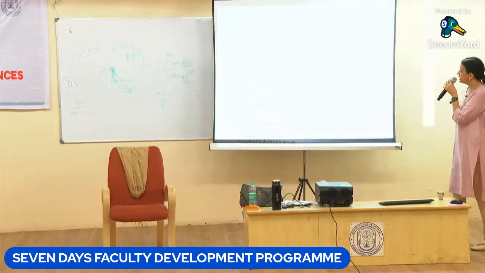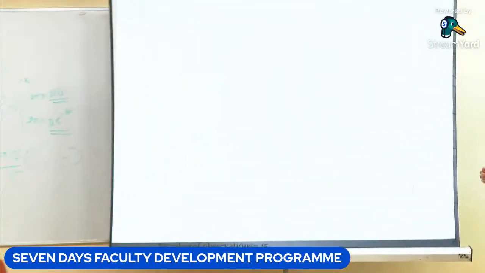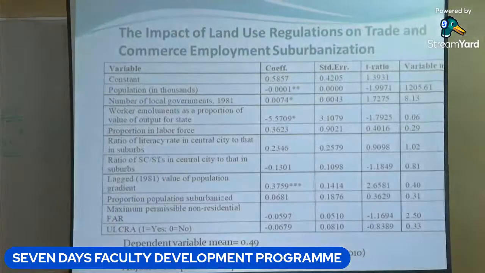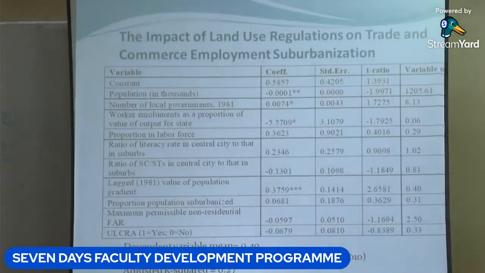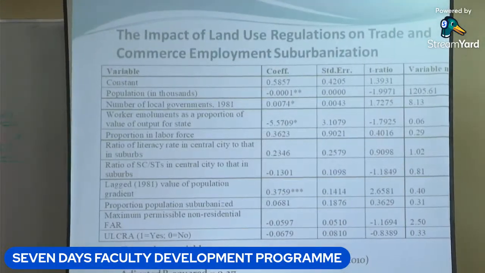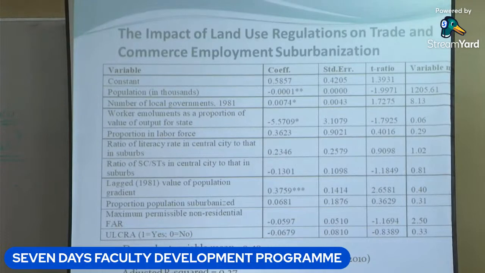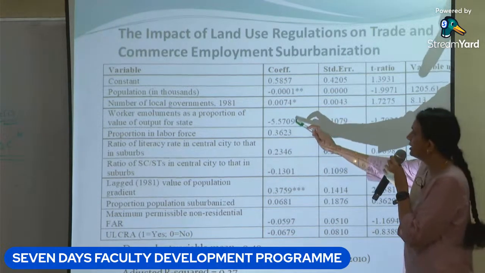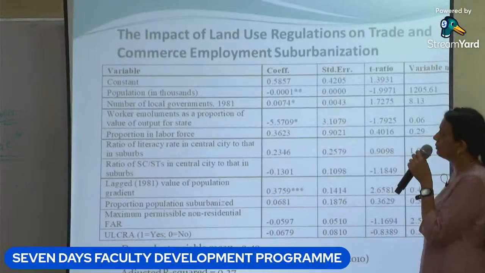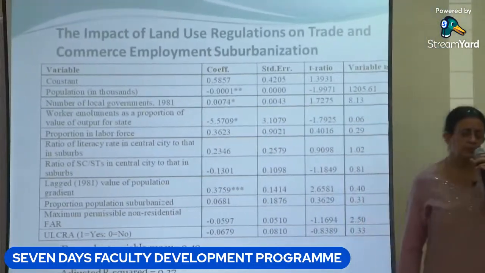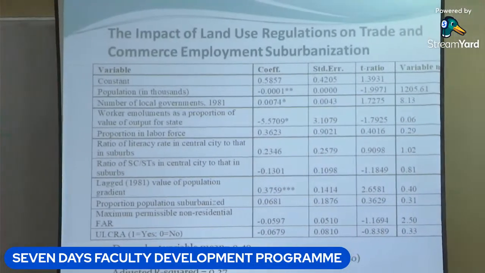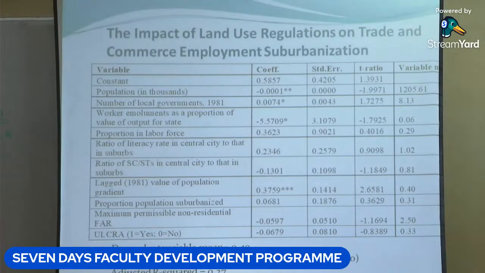So this is again trade and commerce employment. Here we wanted to know how wages play a role in the suburbanization of trade and commerce employment, and this data shows that whenever worker emoluments as a proportion of output for the state is high, suburbanization happens.